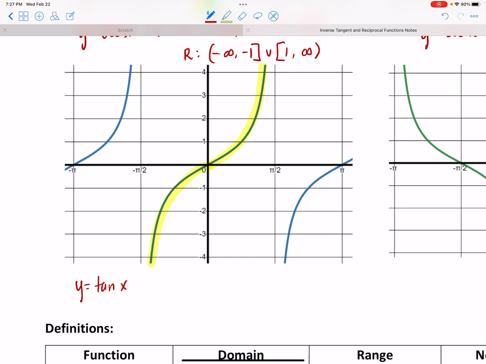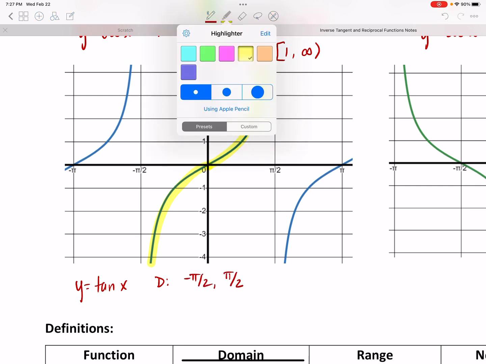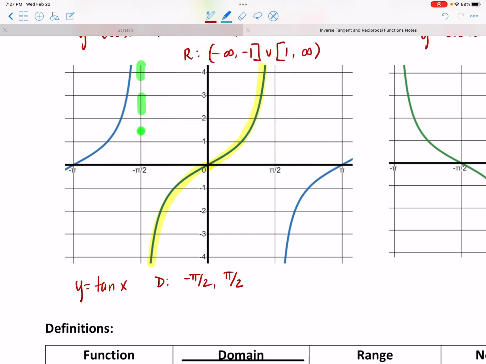So the domain that we're going to restrict tangent to is that one cycle from negative pi over 2 to pi over 2. Keep in mind that outside of that branch of the graph, we do have asymptotes. And so in this domain, I have to exclude pi over 2 and negative pi over 2.